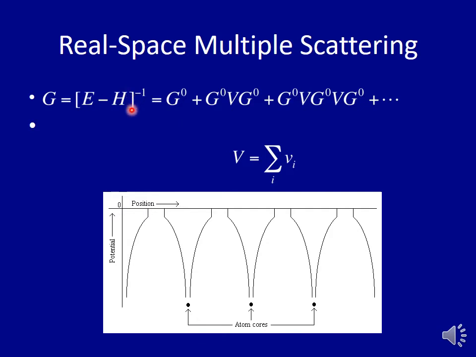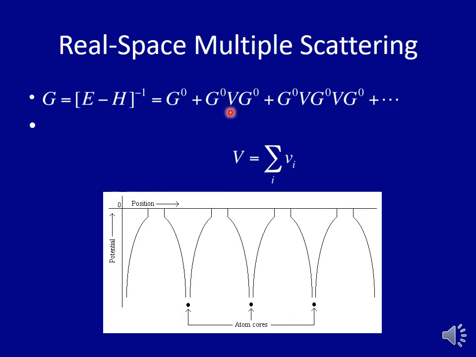Okay, I don't want to get into exactly what that means, but I will talk about how you can expand that. You can expand that in terms of a free Green's function that represents free traveling plane waves or spherical waves. And it's expanded about that free Green's function in terms of the scattering potential.